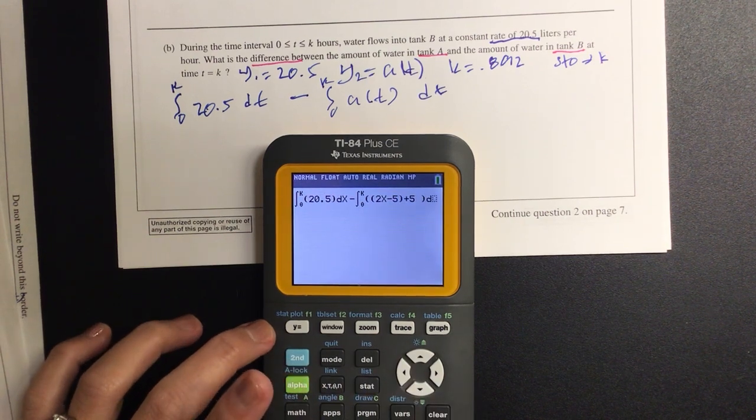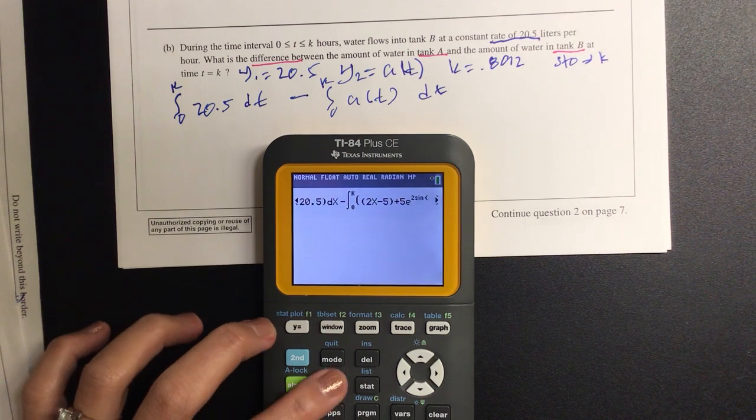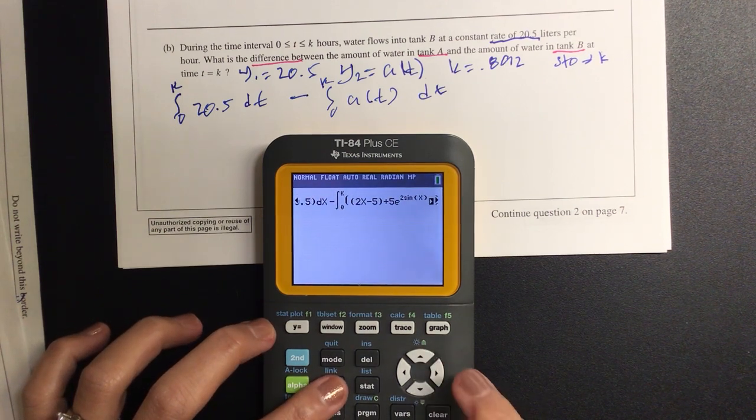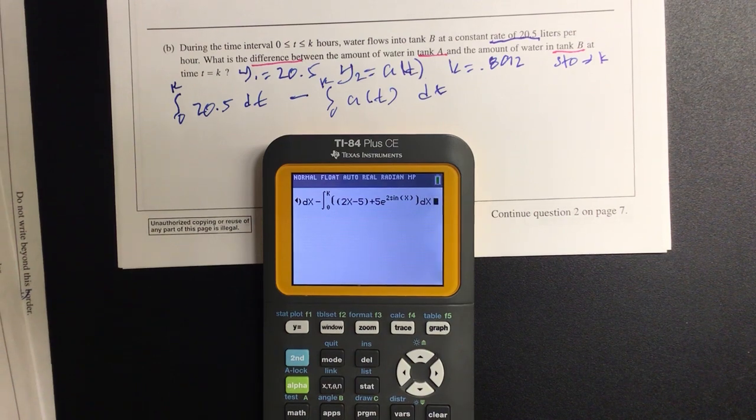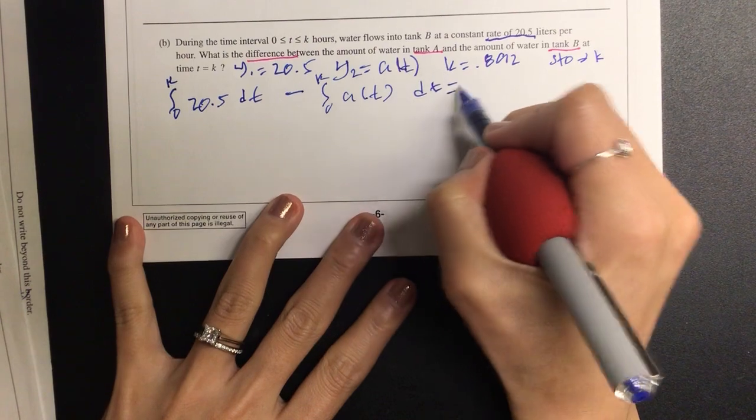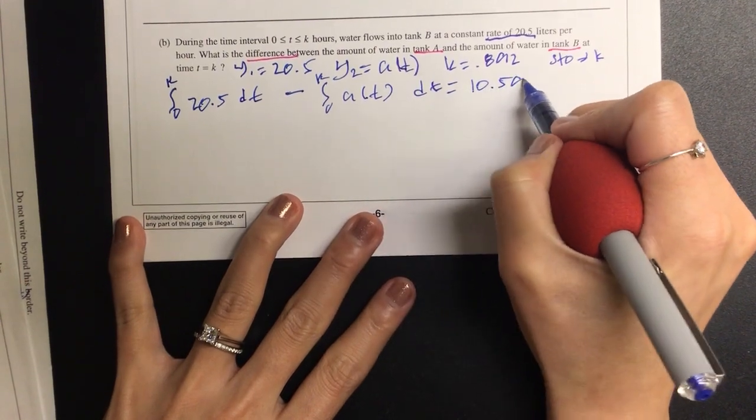And then alpha natural log is going to give me the e to sine of x. That's going to give us the difference, top minus the bottom. I got 10.599. So let's put 10.599.